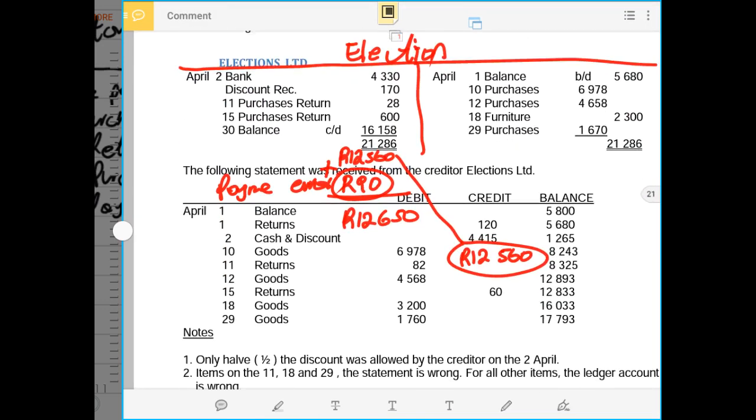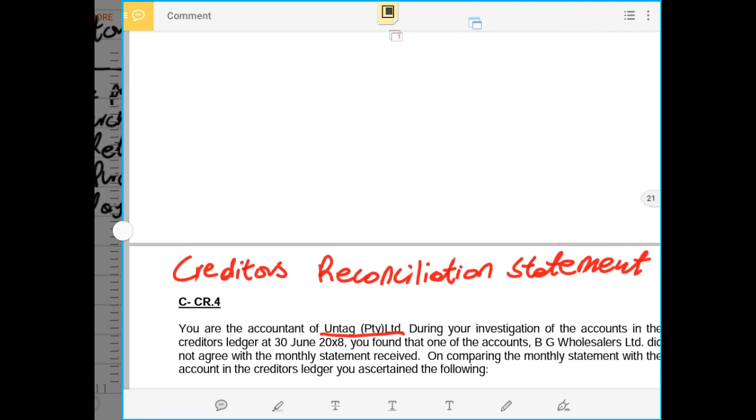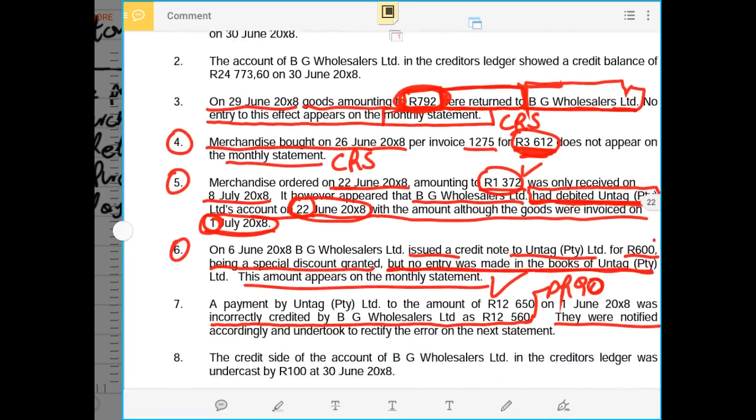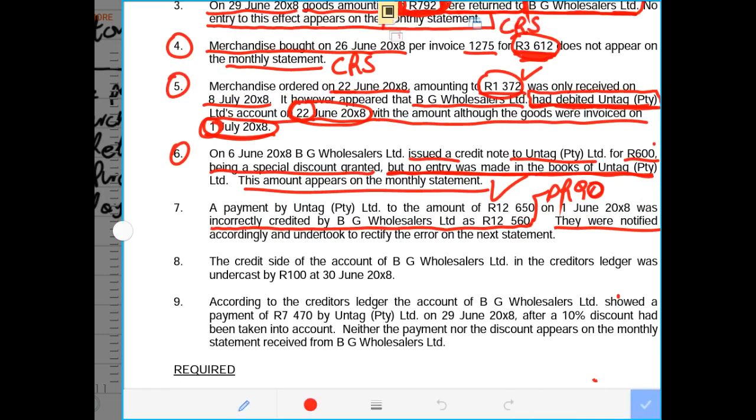So now I want to make sure that you clearly understand the topic of the creditors reconciliation very well. It's not just an easy thing to master this topic, I know. But now we go to number 8, and number 8 says the credit side of the account of BG Wholesalers Ltd in the creditors ledger was undercasted, meaning underestimated.